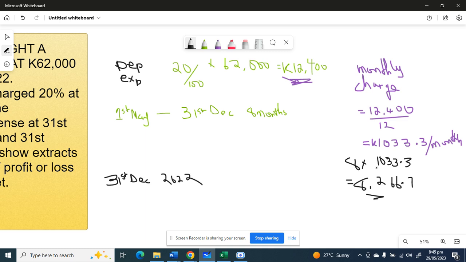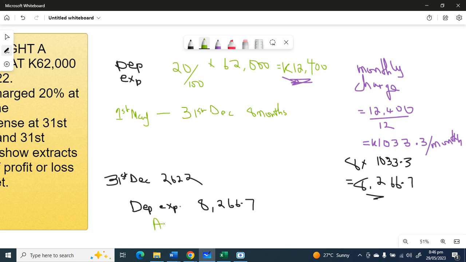We are going to debit the depreciation expense 8,266.7, and then we'll credit accumulated depreciation 8,266.7.